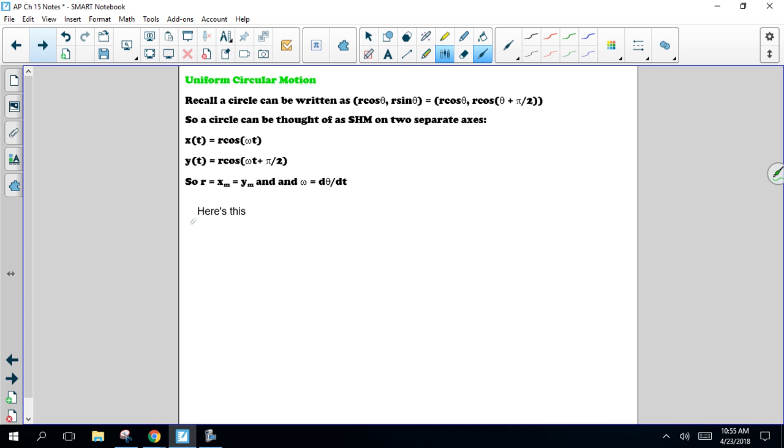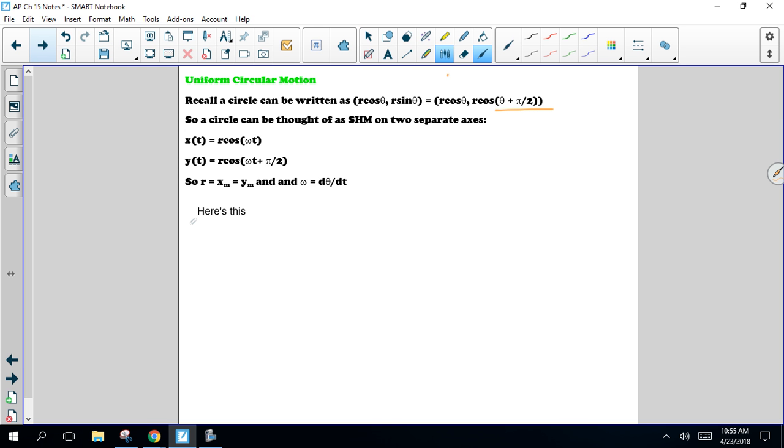For example, uniform circular motion. Remember, a circle can be written in your x and y coordinates. Your x is r cosine theta, your y is r sine theta, right? Remember, sine theta is just the same as cosine of theta plus pi over 2, right?